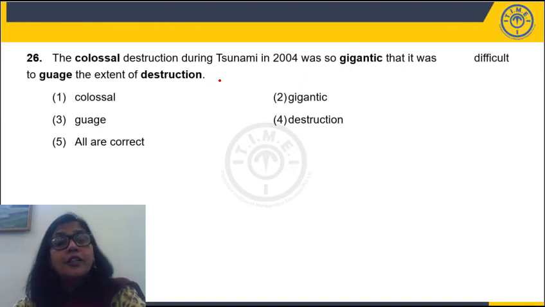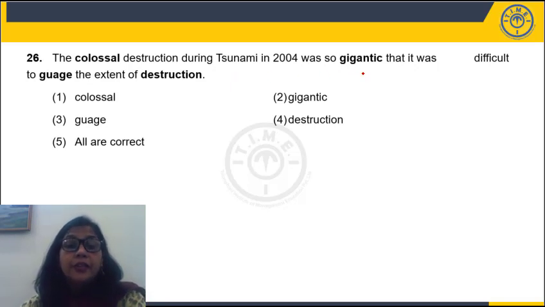A colossal destruction during tsunami in 2004 was so gigantic that it was difficult to gauge the extent of destruction. Colossal, that means huge, large, gigantic, similar. Destruction, alright. Ruin. Here is the culprit over here.